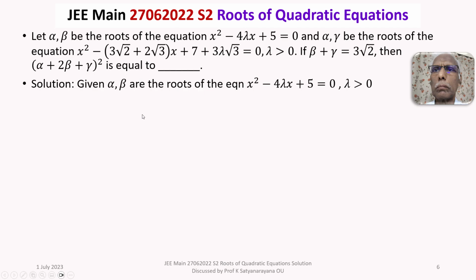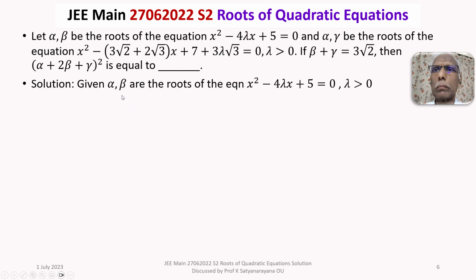Given alpha, beta are the roots of the first quadratic equation x square minus 4 lambda x plus 5 equals 0, where lambda is greater than 0.